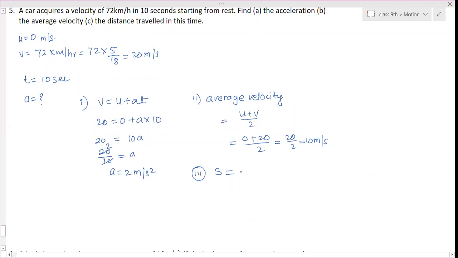S is equal to ut plus half a t square. Yes, right. 0 into 10 plus half into a, which we got as 2, and this is 10 into 10. So this 2 gets cancelled. 0 into 10 is 0 plus 10 into 10, 100. So this is equal to 100 meters.